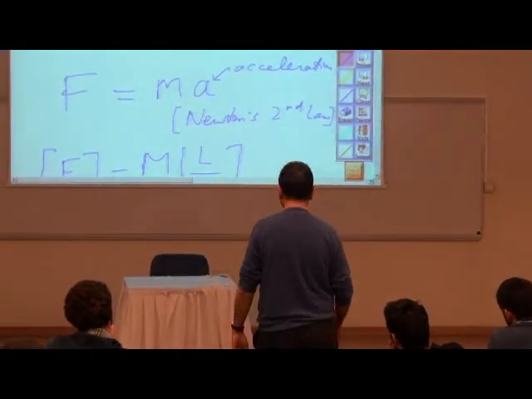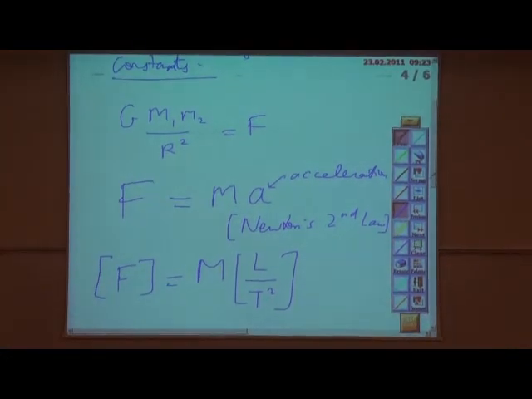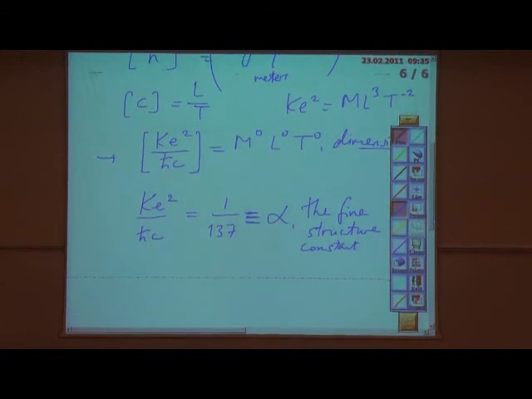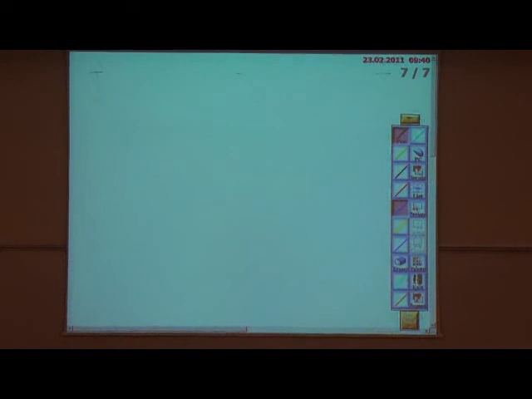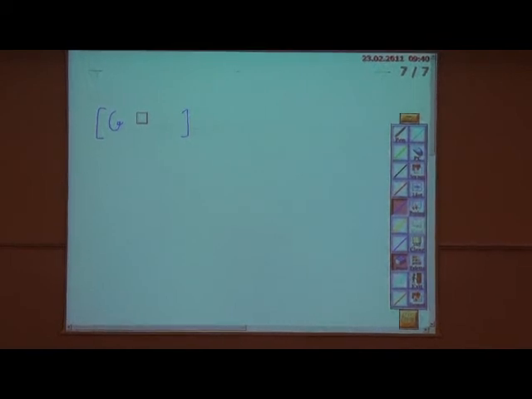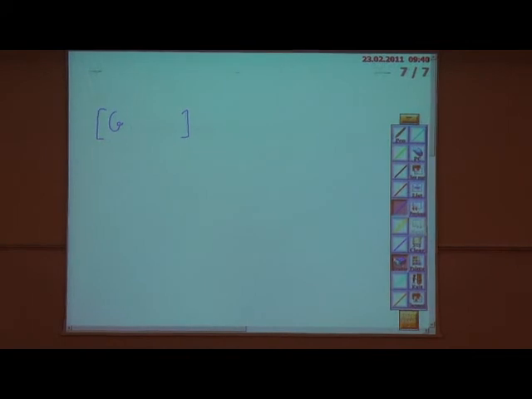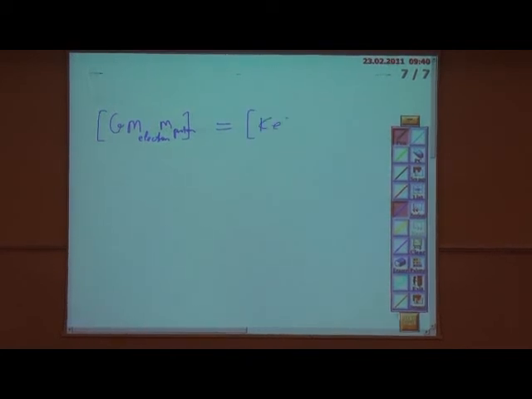So now I go back. Dimensions of that must be the same as Ke square.